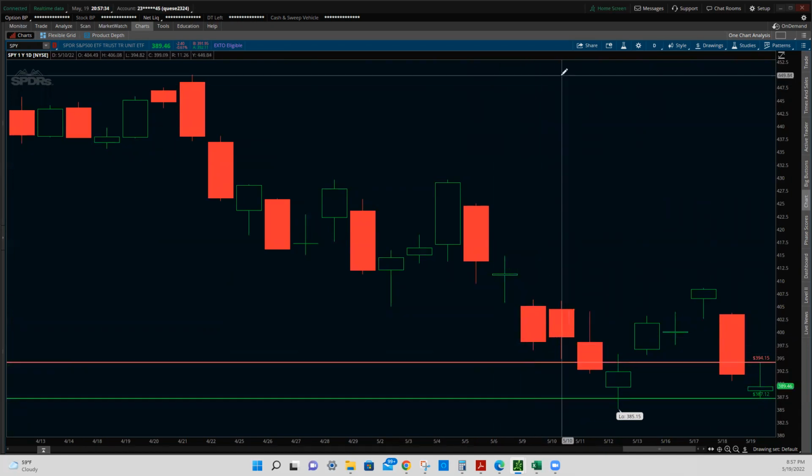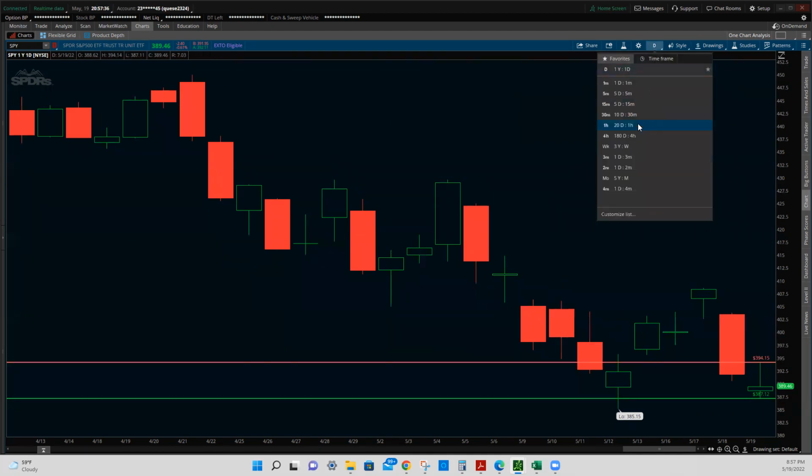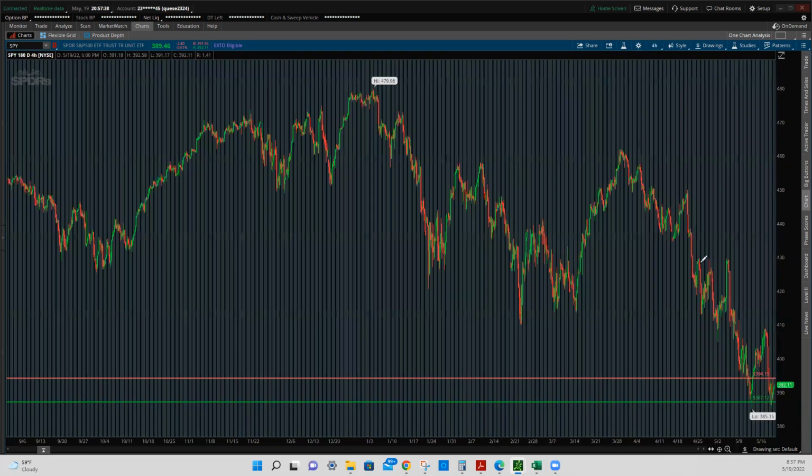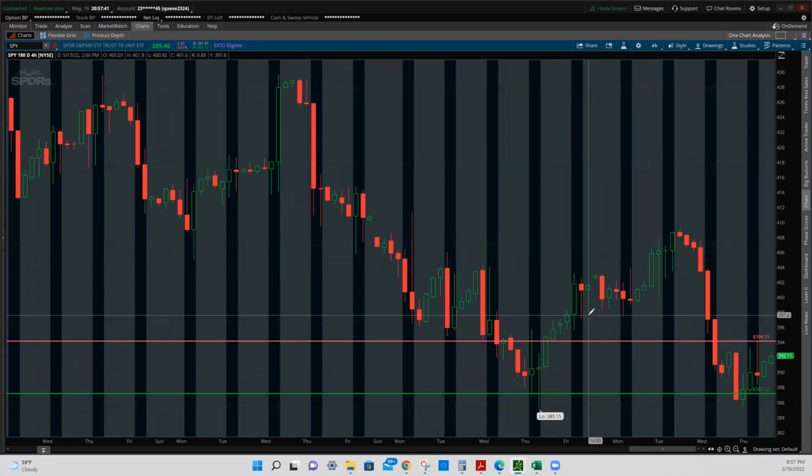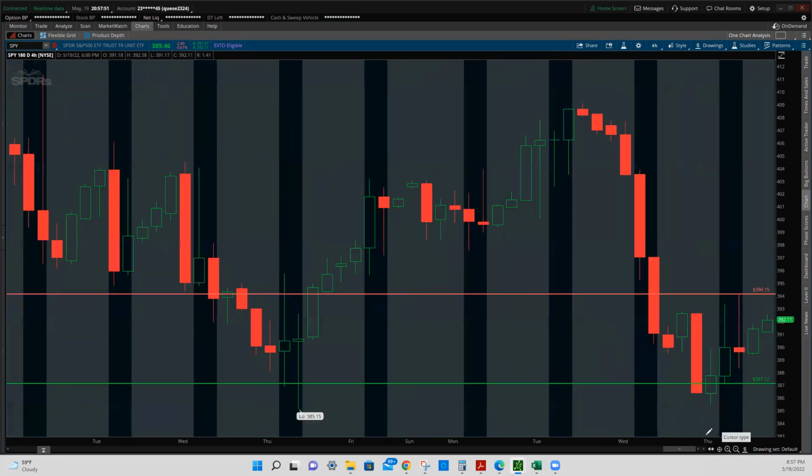And then you want to go to your 4-hour time frame. Basically you want to get good at being able to look at price from different time perspectives. So if we go to the 4-hour, what makes a good support and resistance level?